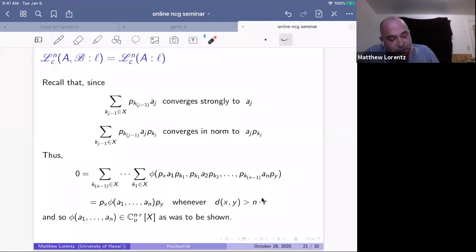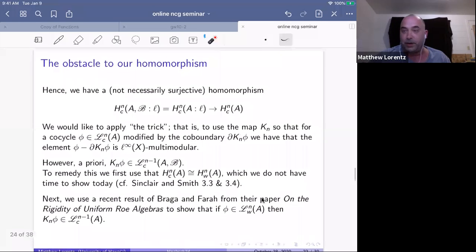So if we take all of these sums one at a time, it equals 0, but it converges to P_x phi of our argument P_y, which is its matrix entry. And whenever this distance is greater than 0, one of these is going to have to be 0. So this is of finite propagation, as we were trying to show. So basically, we can write that as the sum of something less than epsilon and something of finite propagation. So it's in the uniform roe algebra.